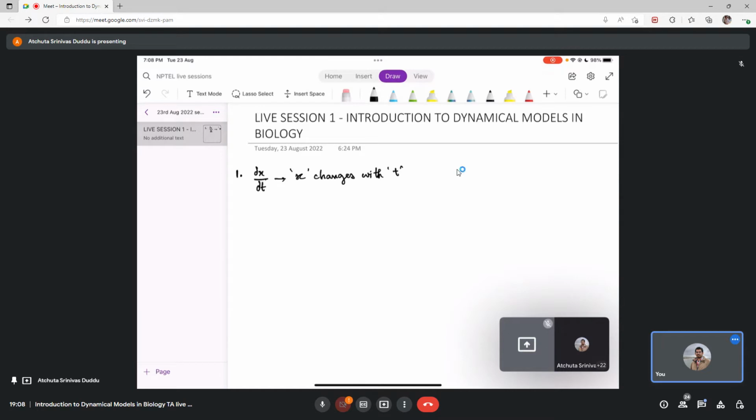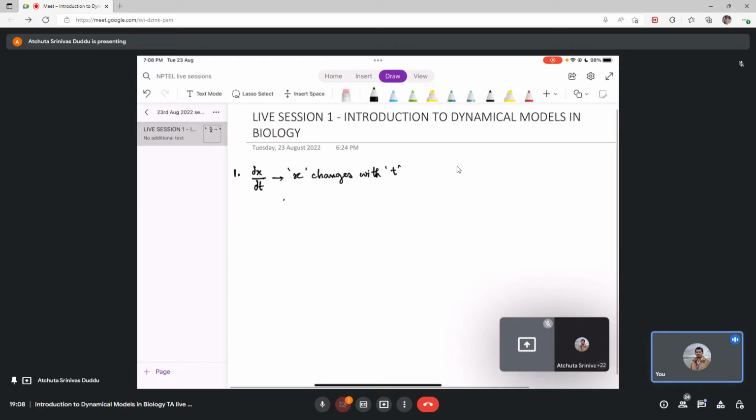So here f of x is essentially a graph where on the x-axis you have the variable x and on the y-axis you are plotting the f of x function. From the picture of a graph, let's say you have something like this.